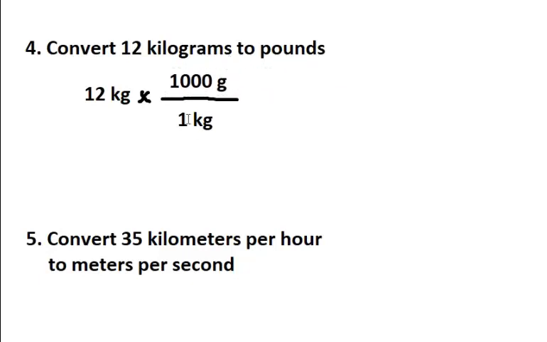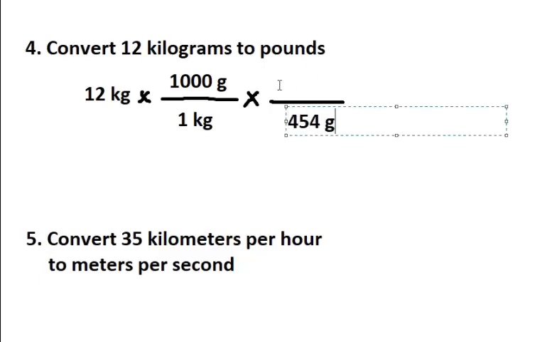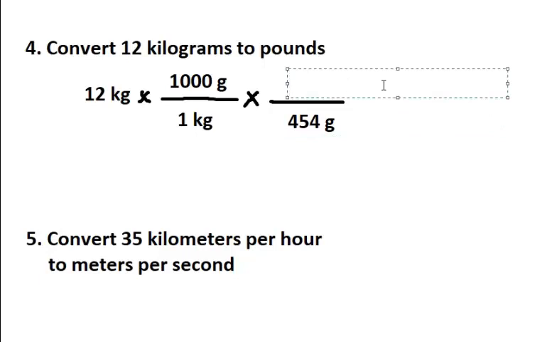That allows me to cancel the kilograms. Now that I cancel the kilograms, I have grams. So the next fraction that I use needs to cancel the grams. I'm going to use the other identity in order to get the pounds. Because I have grams up, I'm gonna have to put grams down. 454 grams down and 1 pound up.